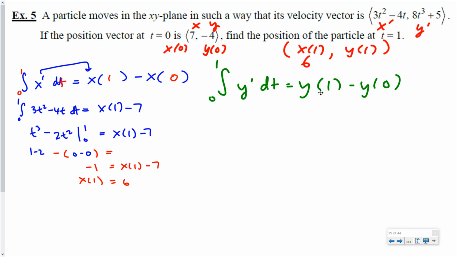All the x's get changed to y's. Be careful when you plug in y0, though. Do you guys see why you need to be careful? You're subtracting a negative 4. So that's going to be an addition on this right side.